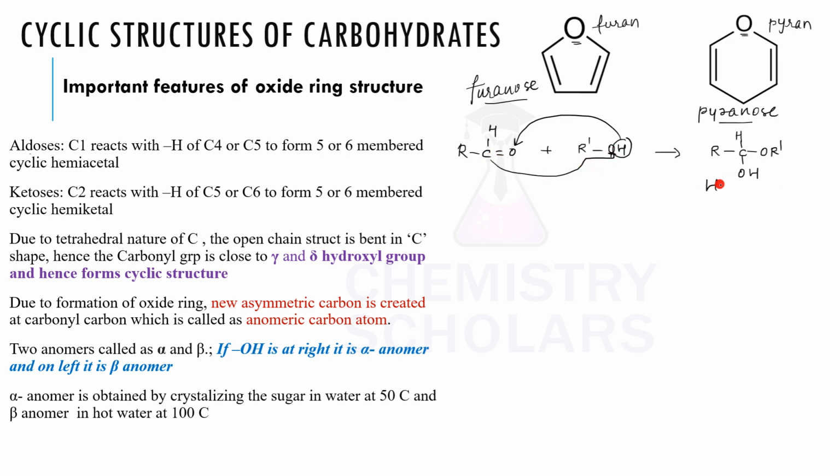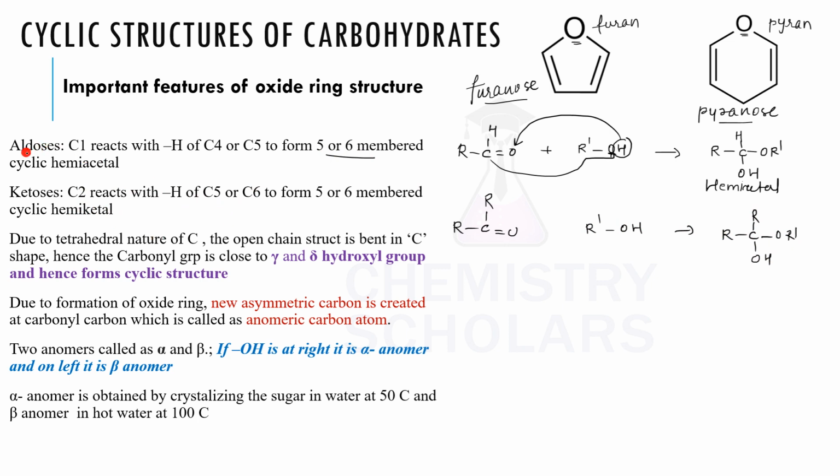This is called a hemiacetal because it reacts from an aldehyde. And when a ketone reacts, we call it a hemiketal. So this is the structure of hemiketal. That is why we say that they form six-membered and five-membered cyclic hemiacetal and hemiketal rings.